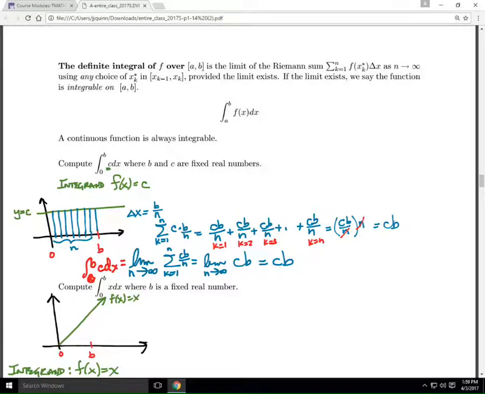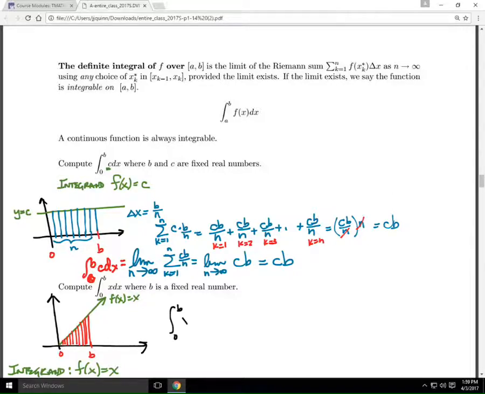So again, we have 0 and b. Visualizing our signed area, we see that that is in fact a triangle. So rather than going through the Riemann sum this time, let's just say, I'm just looking for the area of a triangle, and write the answer down.